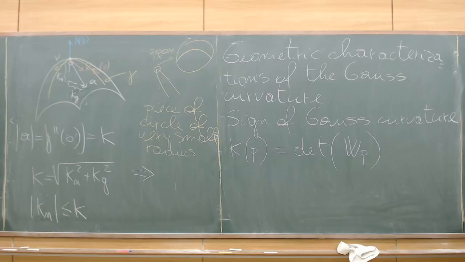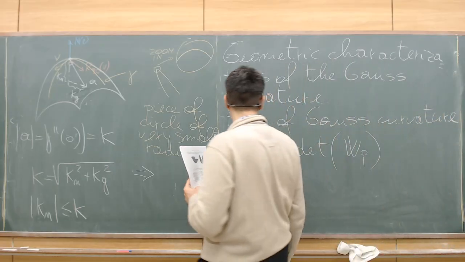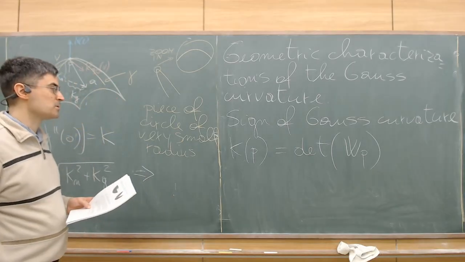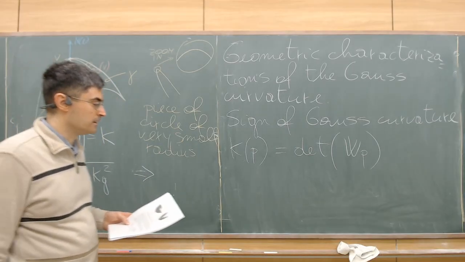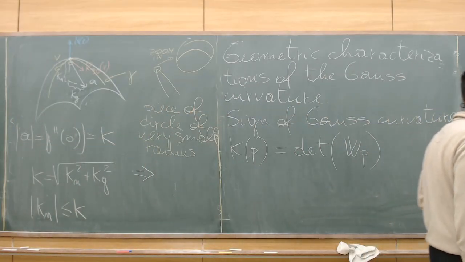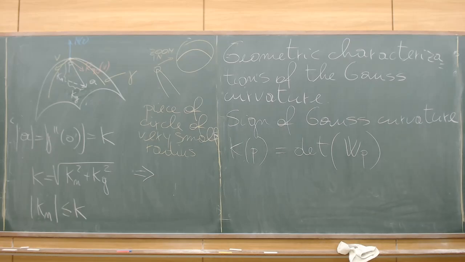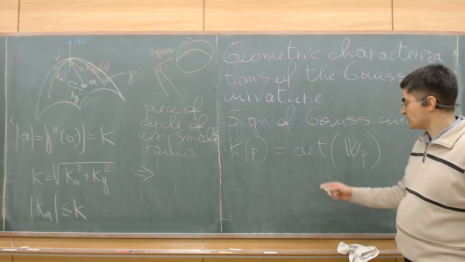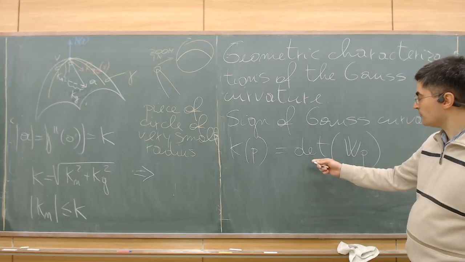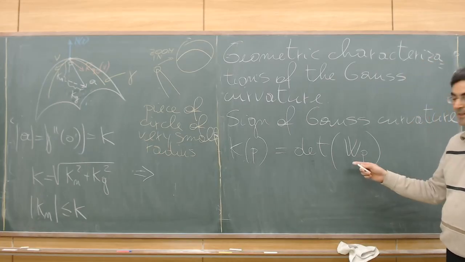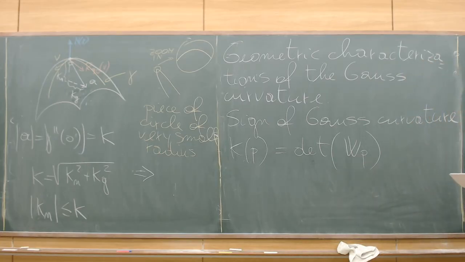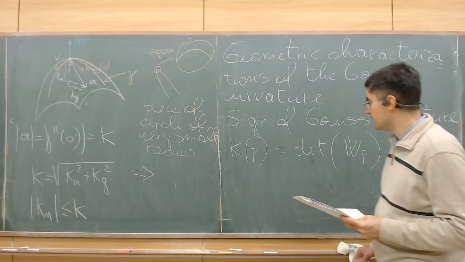Now, when we studied the orientation preserving isomorphisms between subspaces of dimension 2 in R3, we have seen that the sign of the determinant of a linear map tells us if this linear map, which is assumed to be an isomorphism, is orientation preserving or reversing.